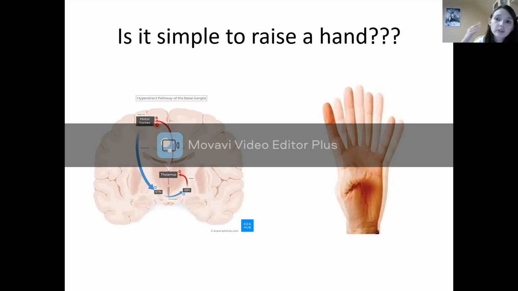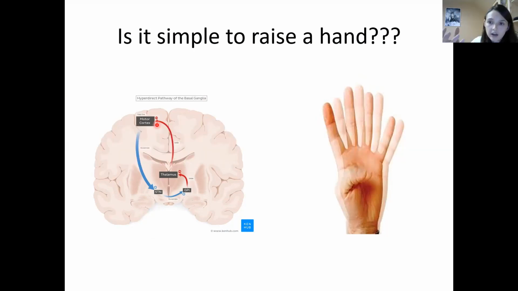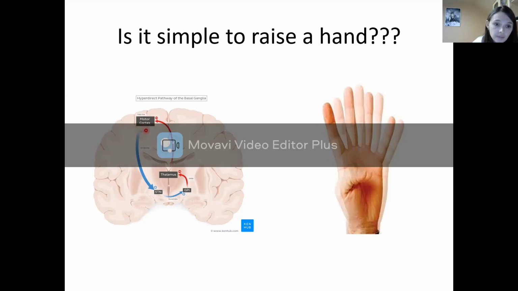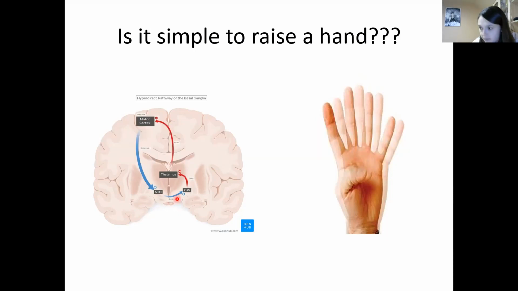First of all, when you would like to raise your hand, you will modulate how it's going to be by your frontal cortex. Secondly, this information will be sent to the motor cortex. Then the motor cortex is going to send information to the basal ganglia.